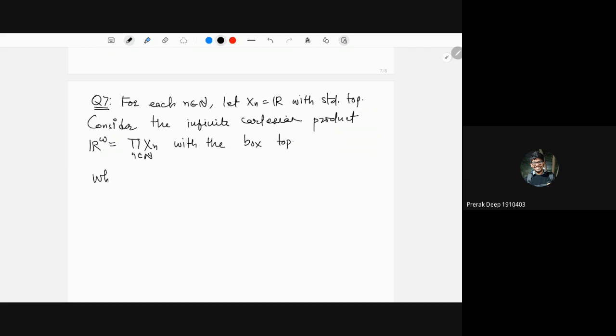Now, which of the following sets are open? This is our question.